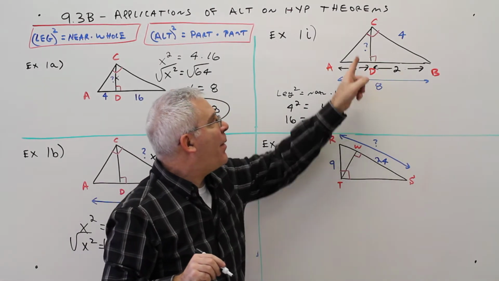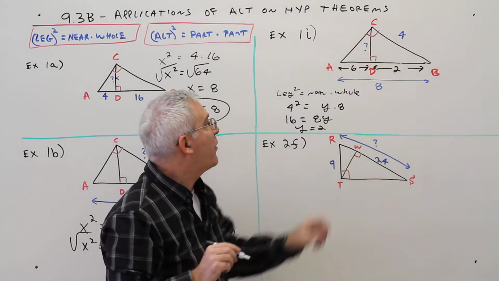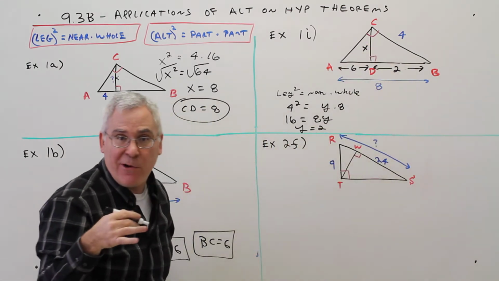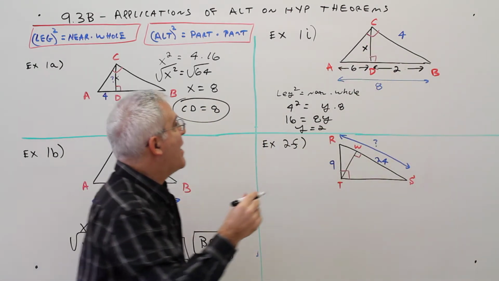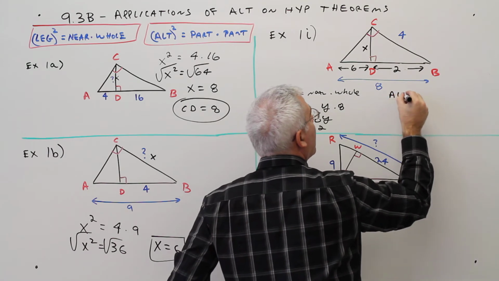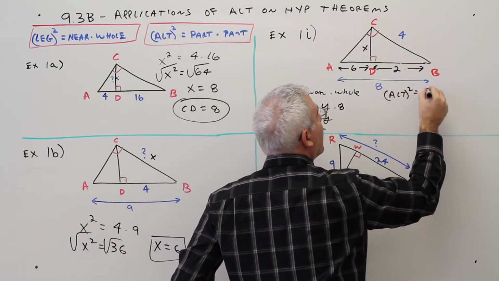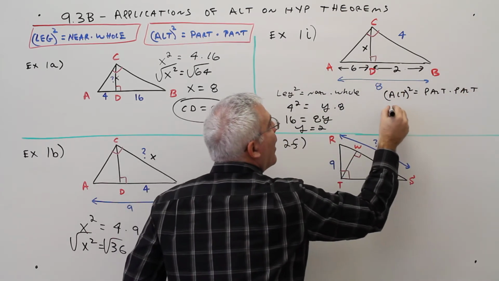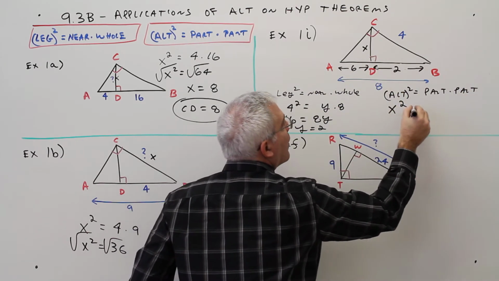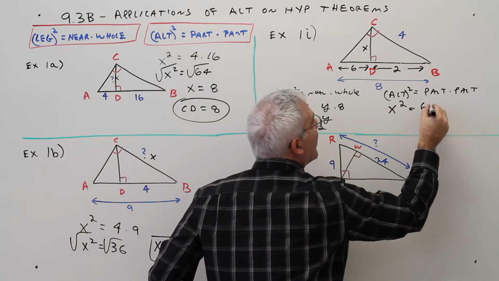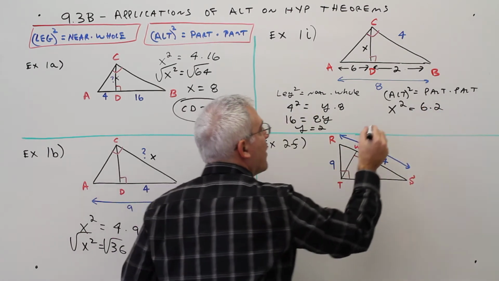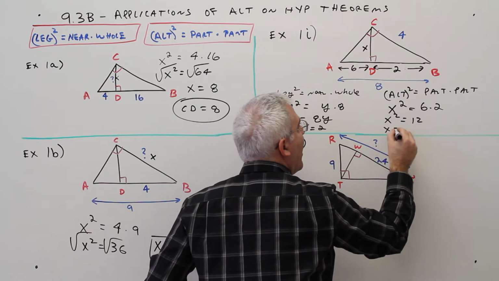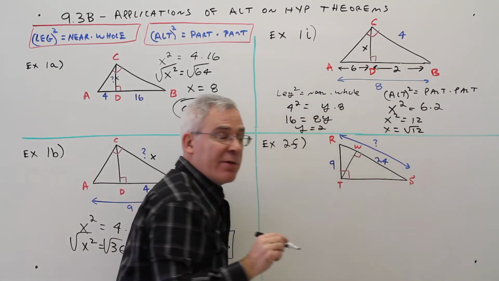Now that I've got my parts, I can go ahead and find the altitude. I'll call this x. Make sure you use a different variable so it's not confusing. And now I'm going to say altitude squared equals part times part, or x squared equals 6 times 2, x squared equals 12, x equals the square root of 12.